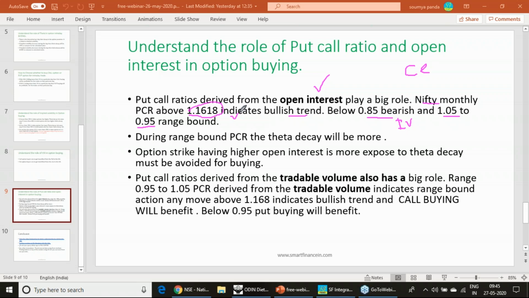Here, whatever targets you are getting, you will get some 1 or 2 rupees lesser than that. The reason is that in a bullish trend market, IVs will decay and that will have a higher theta decay. In the same way, suppose you find a bearish trend market and are buying a put option. Whatever targets you have got, you can get 1 or 2 rupees more.